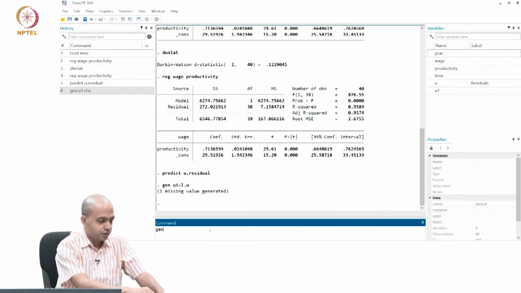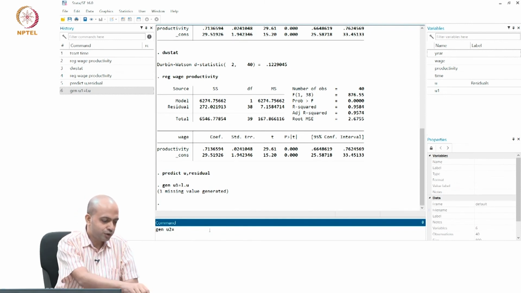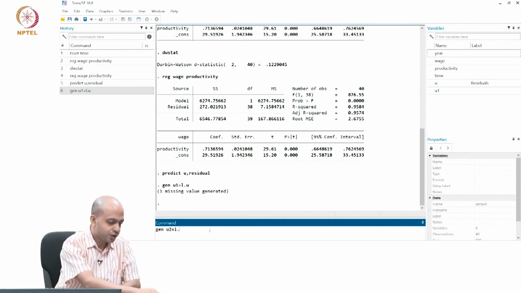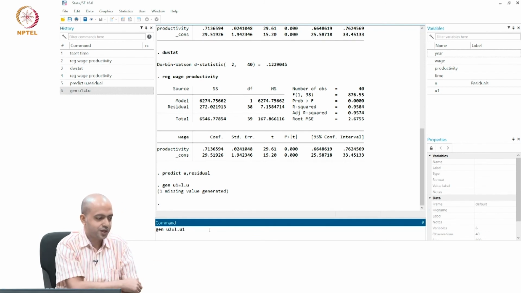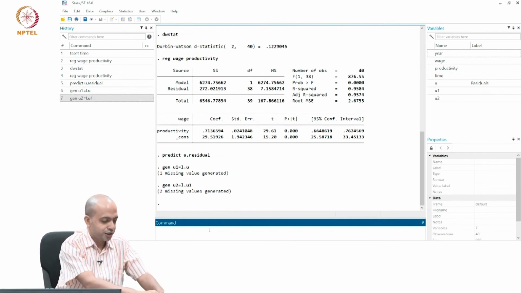Similarly, I put u2 for the second order lag. If you apply common sense, you have already generated u1, that is ut minus 1 hat. Now, how will you get ut minus 2 hat? Simple, put L dot u1, that is all.